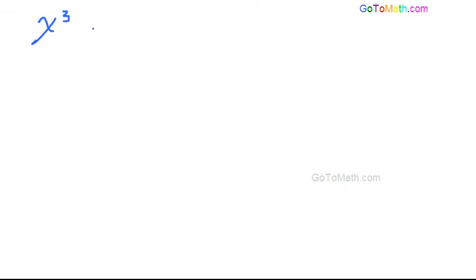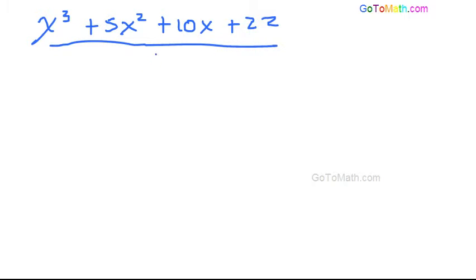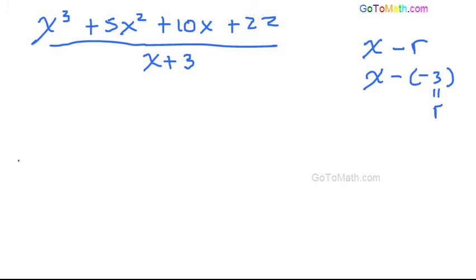Okay, so we have x cubed plus 5x squared plus 10x plus 22 over x plus 3. Right. So remember, we need to get this bottom part in this form here, so this is going to be x minus a, minus 3. Okay, so that'll be our r here. And that's what we're going to put right there.